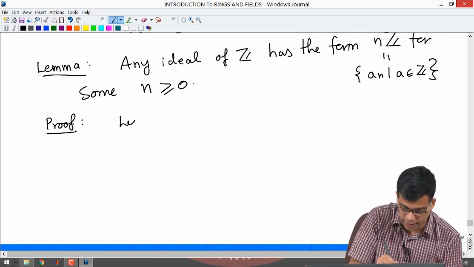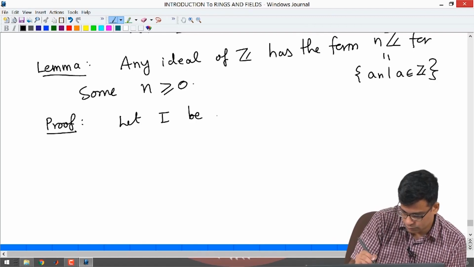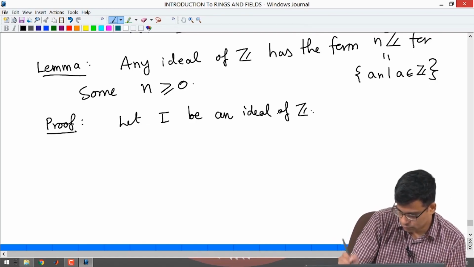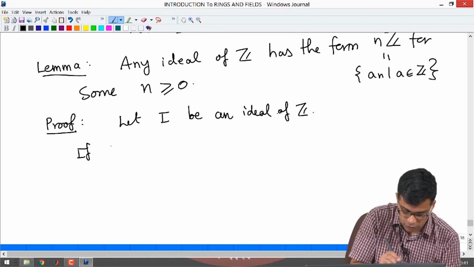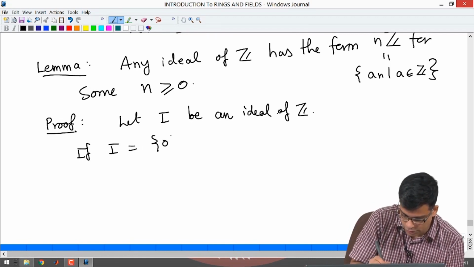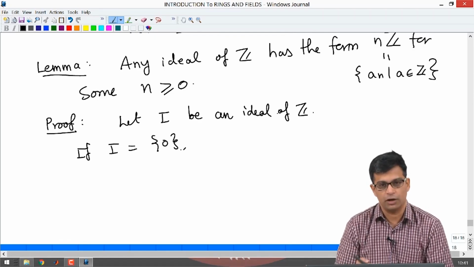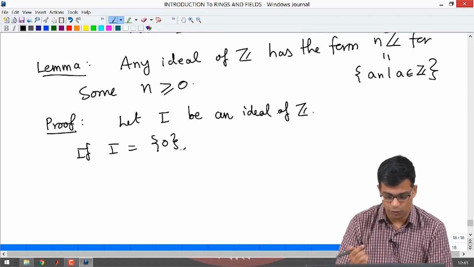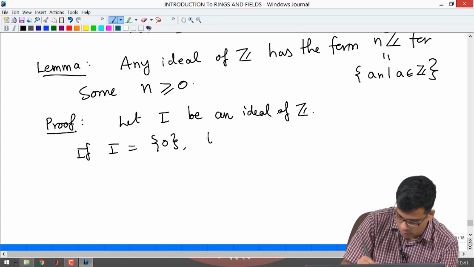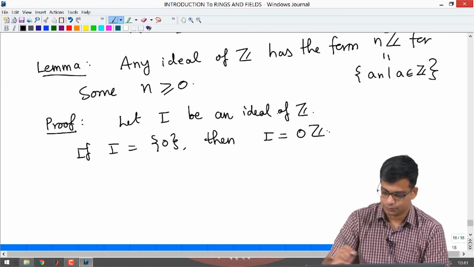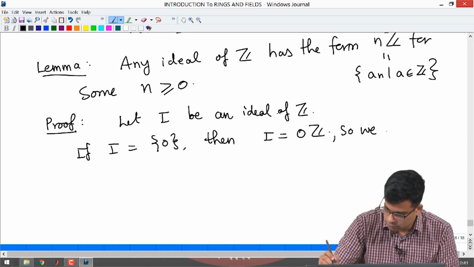So, let I be an ideal of Z. Remember I is an additive subgroup of Z, so it must be non-empty. So, it must contain 0. If it is exactly 0, then I is 0Z, right. So, we are done.